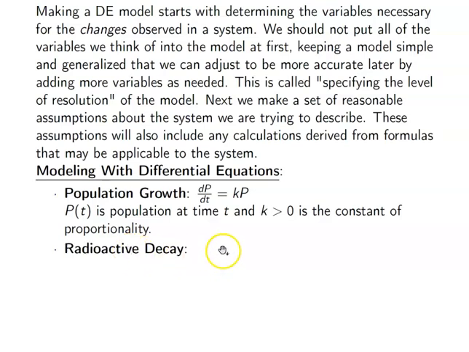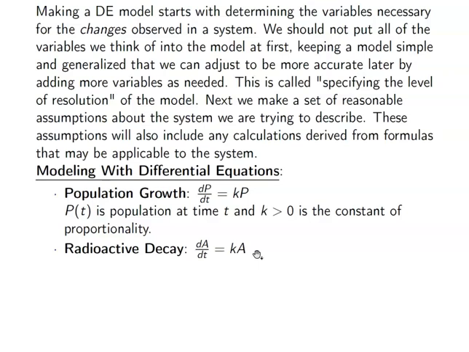Okay. Next is radioactive decay, which is actually very, very, very similar to population growth. Okay. The rate of change of an amount of a substance at time t is a constant multiple of the amount of substance. If I have a lot of a substance, then it's gonna grow or it's gonna decay fast, right? If I have a little bit, it'll decay faster because there's less of it.